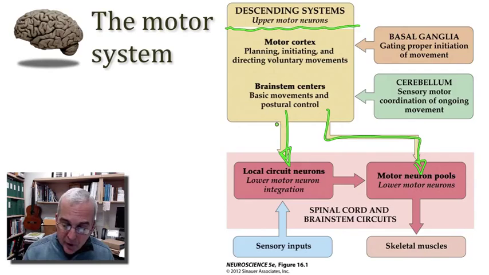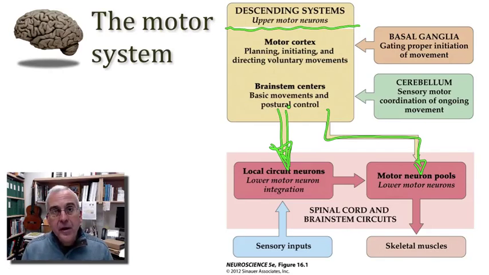But notice for the most part, this arrow is a lot larger than the one providing direct input to the alpha motor neurons, which is to imply that the way our motor system is organized is that the upper motor neurons largely coordinate the local circuits that then do the job of organizing the output to skeletal muscle.